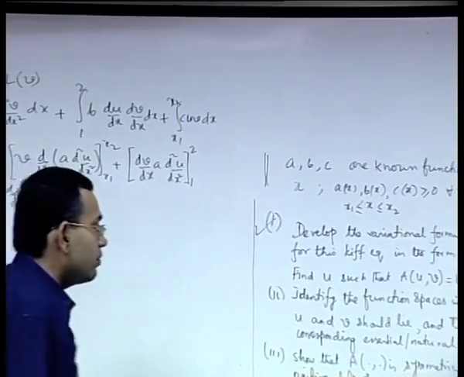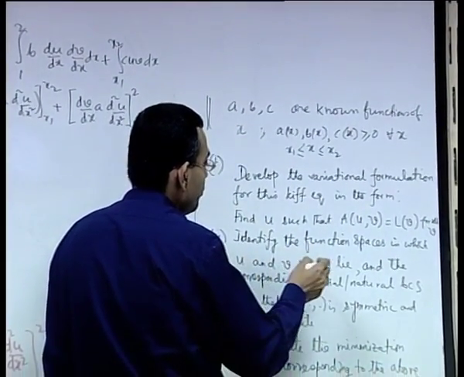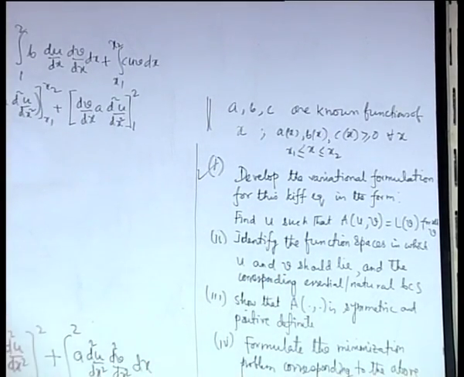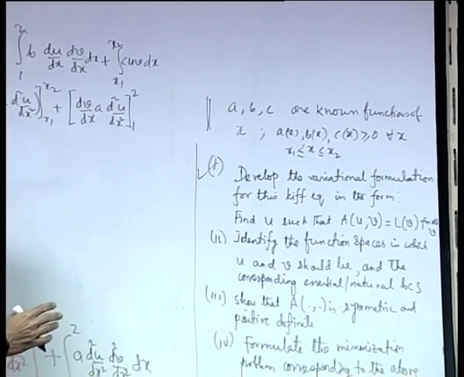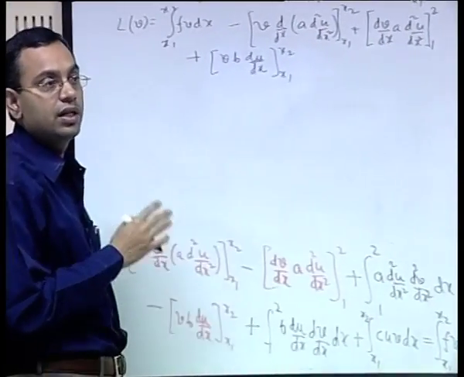What is the second part of the question? Identify the function spaces in which u and v should lie and the corresponding essential and natural boundary conditions. So, you can see here that in this formulation you require the first order derivative and the second order derivative to be the important order derivatives.